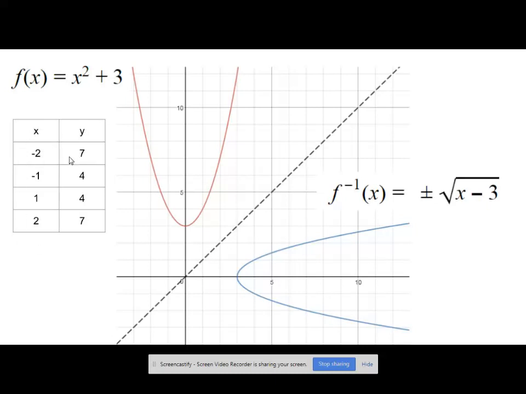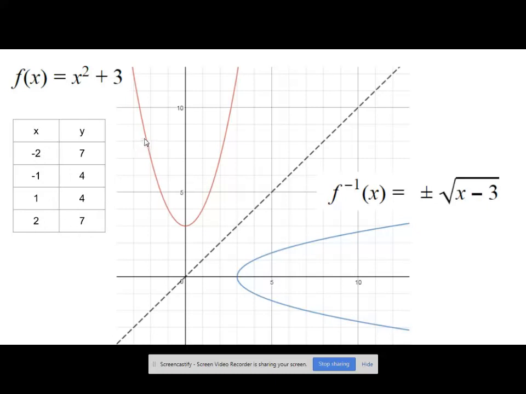So it is a function, but it's not a one-to-one function. -2 goes to 7, but so does +2, goes to 7. So while it is a function, it's a great function, it's not one-to-one. The range value of 7 has 2 different values of x in the domain that go to it.